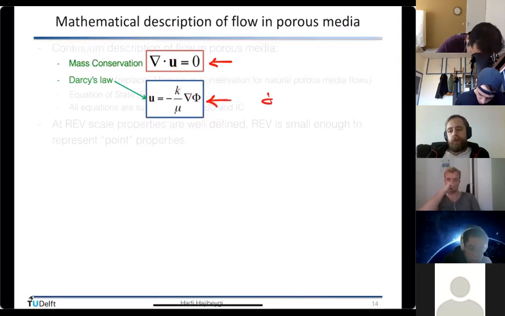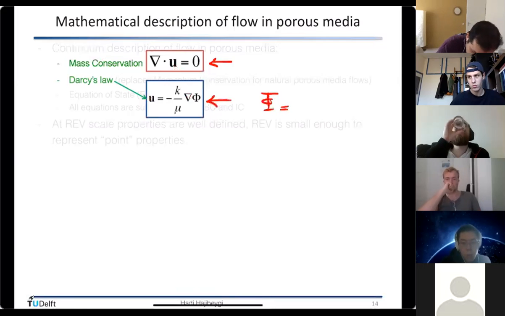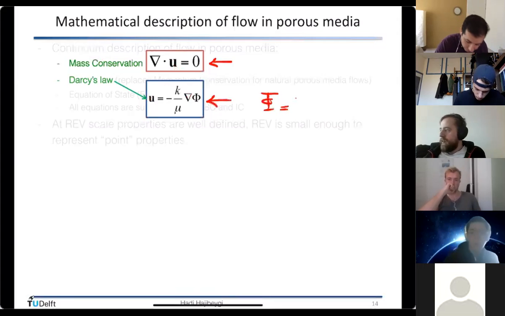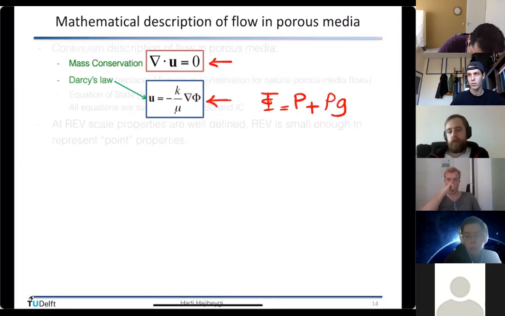Remember, phi was what? Can someone who has not spoken please speak up? What was phi? Potential. Exactly, and that is? Pressure plus rho g z, where z is height. Absolutely right. Thank you very much.